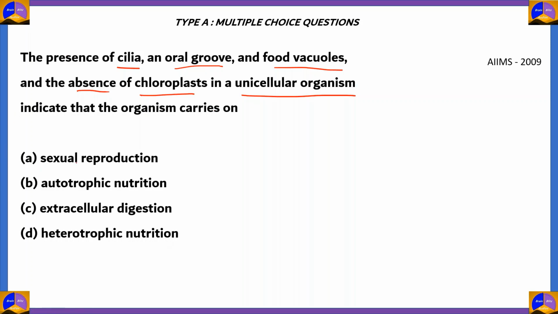Option A, sexual reproduction. Now, the organism in question is unicellular. So unicellular organisms have no or very few sexual methods of reproduction. So option A is outright wrong.